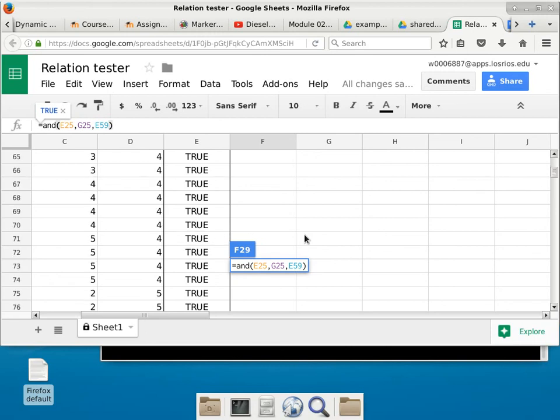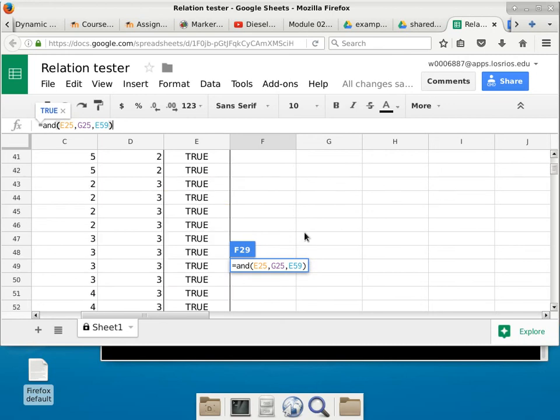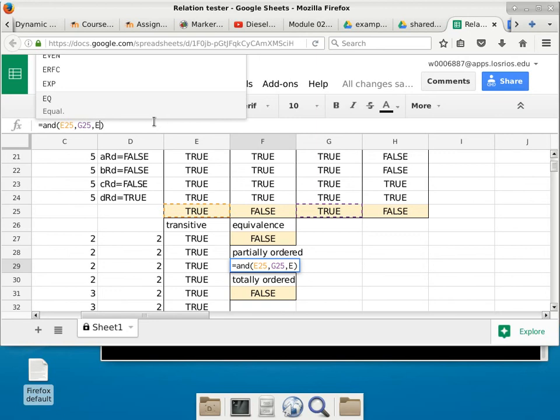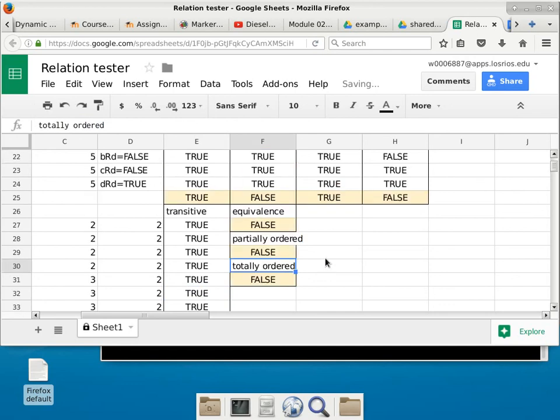I was referring to the wrong row. Okay, that's why. It should be 91. Let me just fix this bug first, and then we're good. All right. So now the spreadsheet is consistent with the answer. I just found my own bug and fixed it.